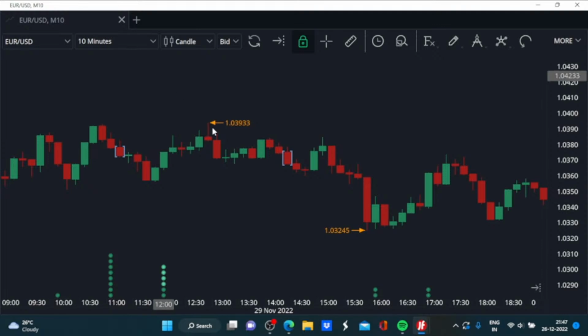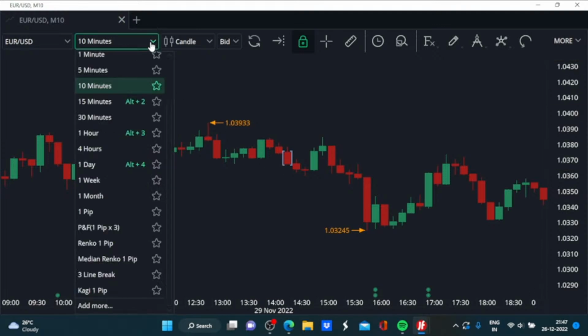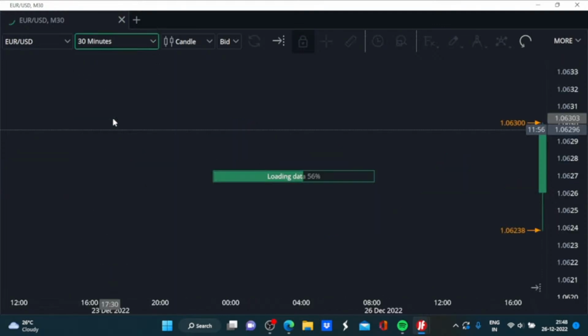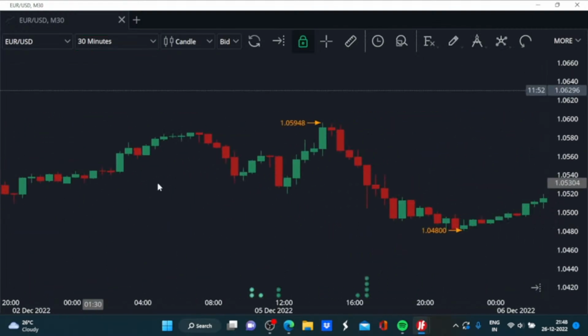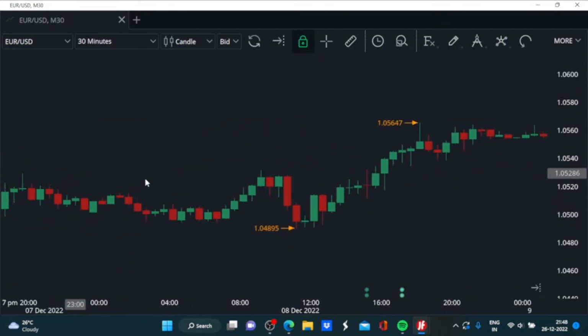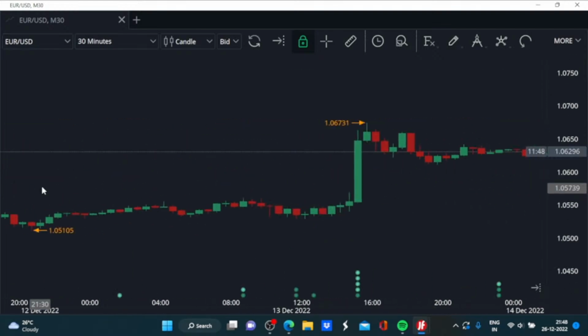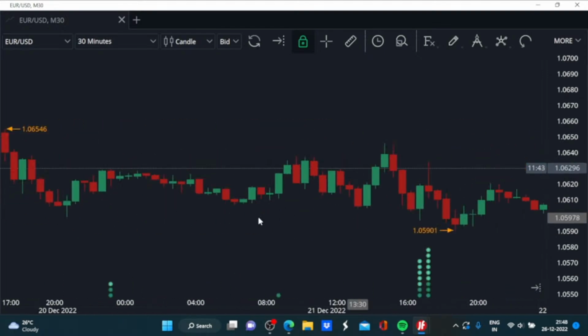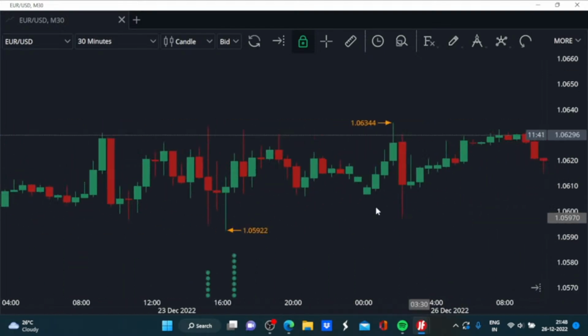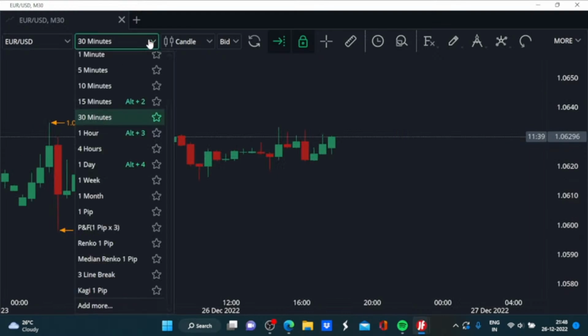So this is the instance which we found on the 10 minutes. Let's try out different time frame combinations to see if we can spot the similar formation on other time frames like 30 minutes. So far no luck. All right, we will change the candlestick time frame again.